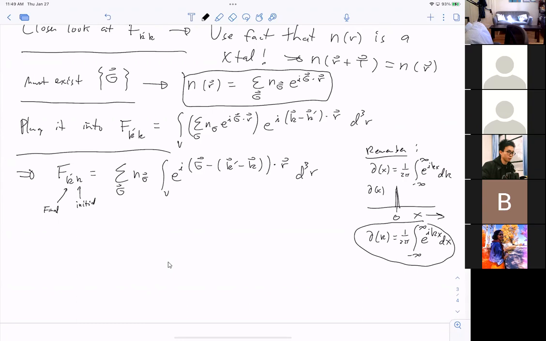This is basically just saying that if I integrate a bunch of waves, and all the waves have the same starting point, like I've got long ones and short ones, and I'm just integrating them all, then if you add them all up, you're going to get destructive interference, except at zero.